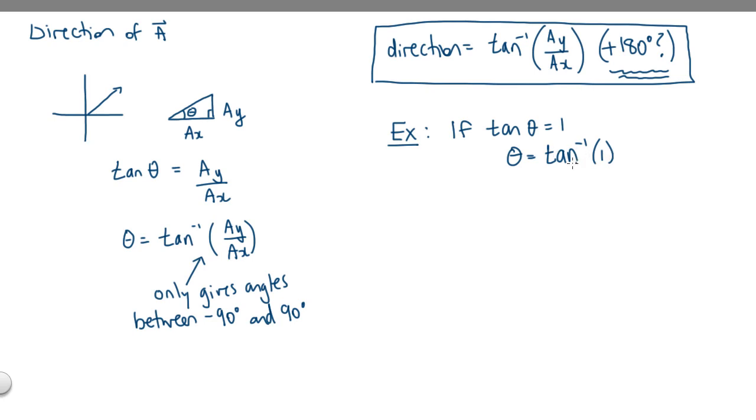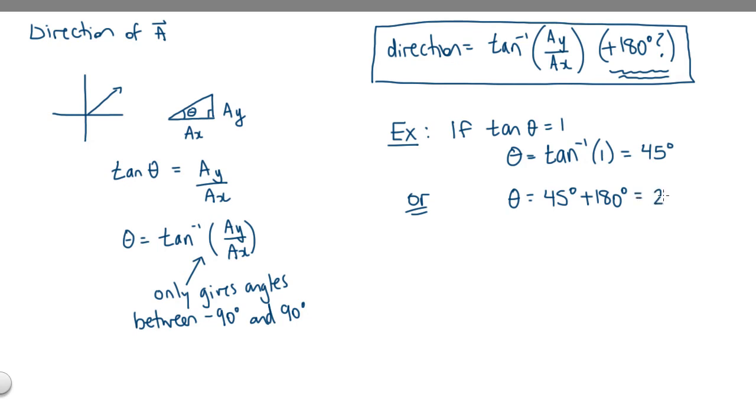That's one possibility. And if we try this on our calculator, or you might remember from trig, arctan of 1 is 45 degrees. Okay, well, this is not the only possibility. The other possibility is that theta is actually 45 degrees plus 180 degrees.